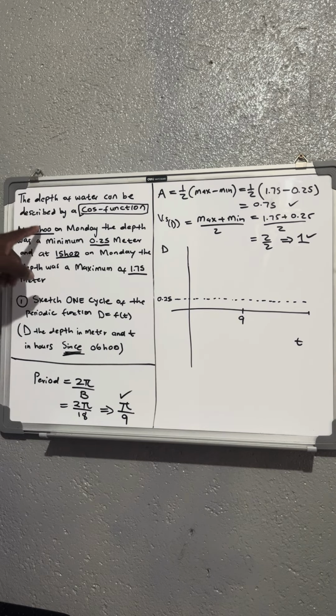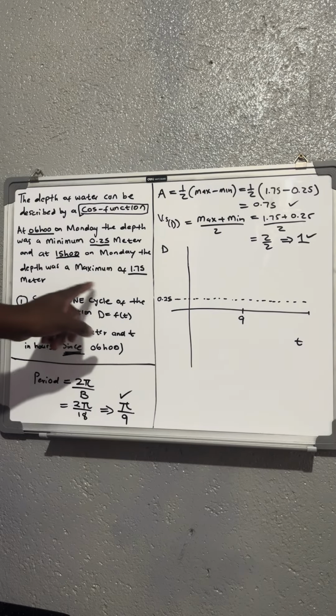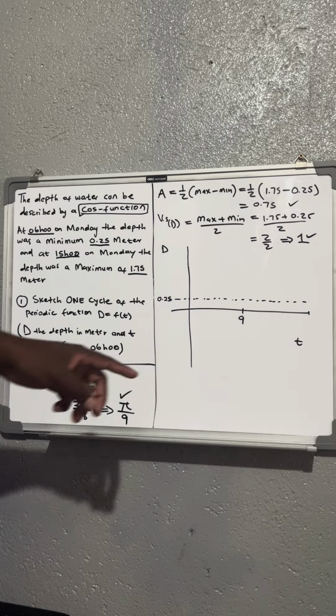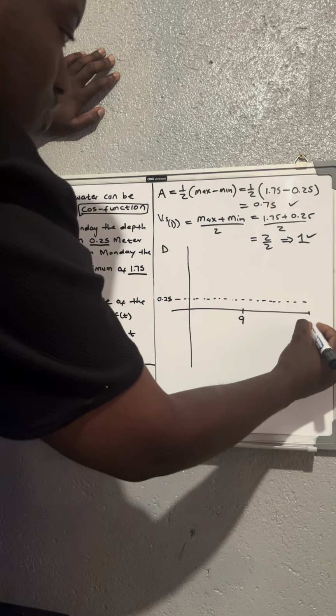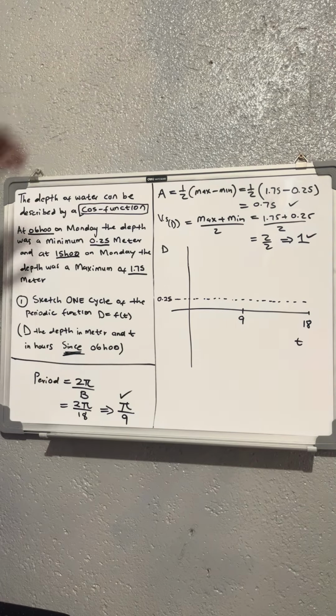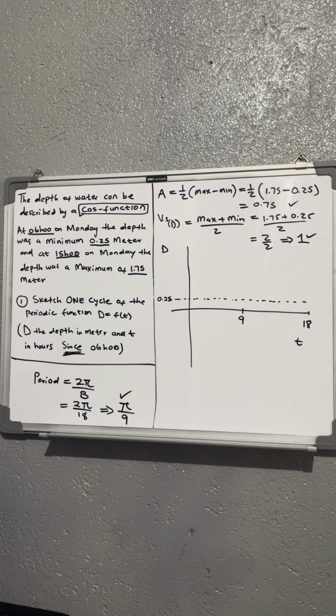But you know, since this one gives us a half circle and they want one full cycle, we actually have to multiply it by 2. We've talked about this, so now you're going to have your 18. So they say your maximum at 9.